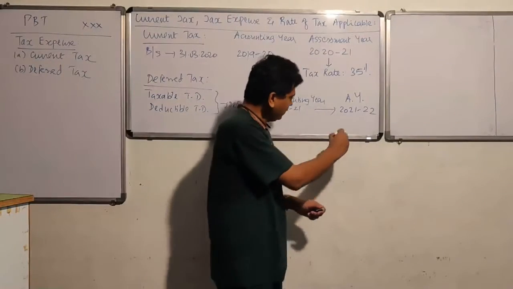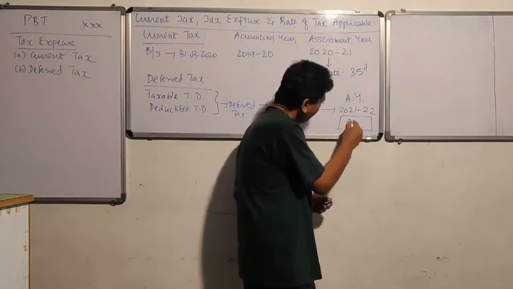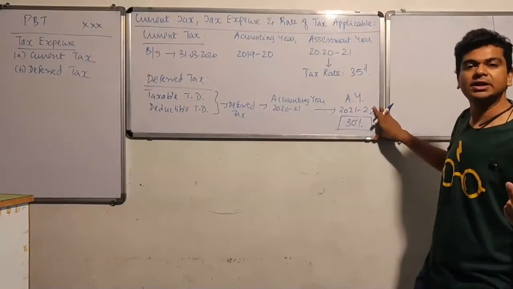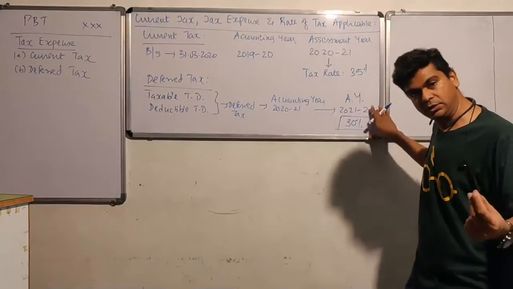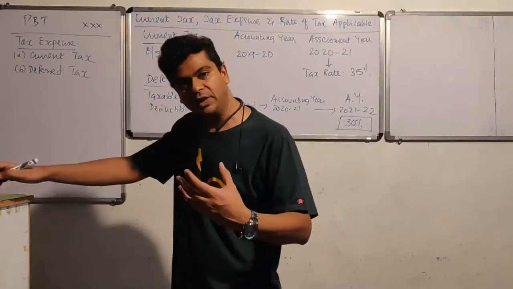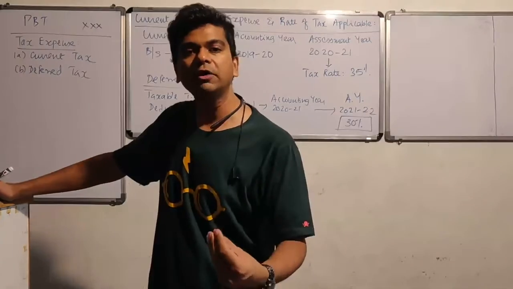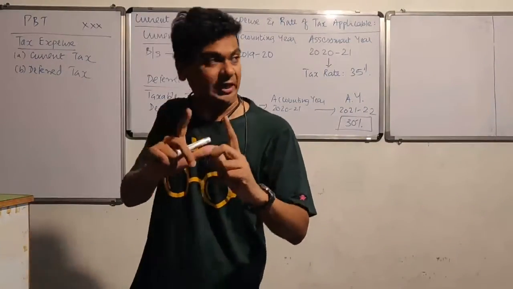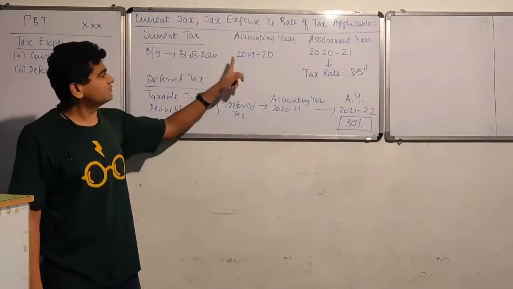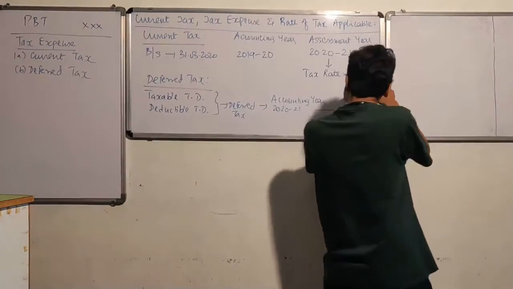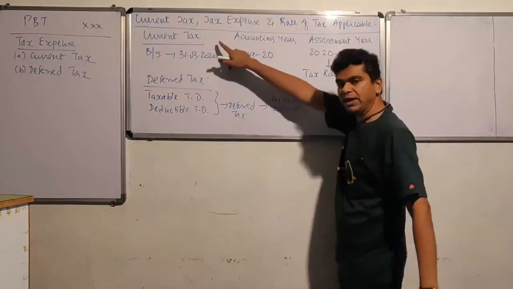For example, let us say we already know that in the next assessment year the tax rate will be 30%. You are allowed to use that tax rate to determine your deferred taxes. Again, very quickly: current tax is for the current year. The current year's assessment year will be considered. I'll use that tax rate and find out my current tax.